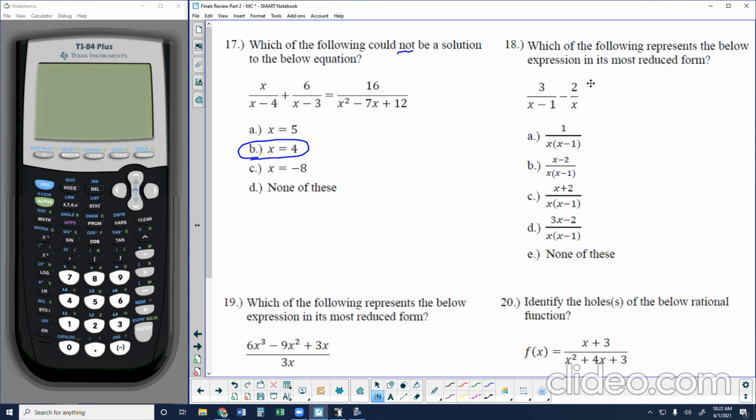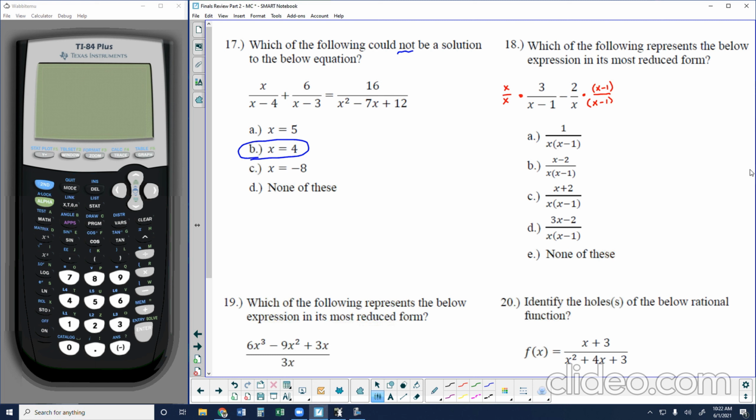Let's go ahead and take a look at number 18. 18 is another example of rational expression work. It says, which of the following represents the below expression in its most reduced form? Here we see a subtraction of two fractions, and remember, in order to subtract fractions, you need a common denominator. So what I'm going to do is take a look at the factors of the denominator, and multiply each fraction by the missing factors.